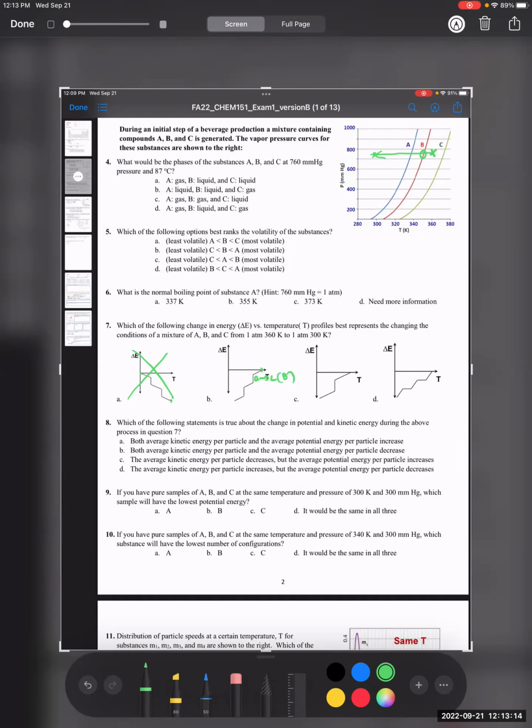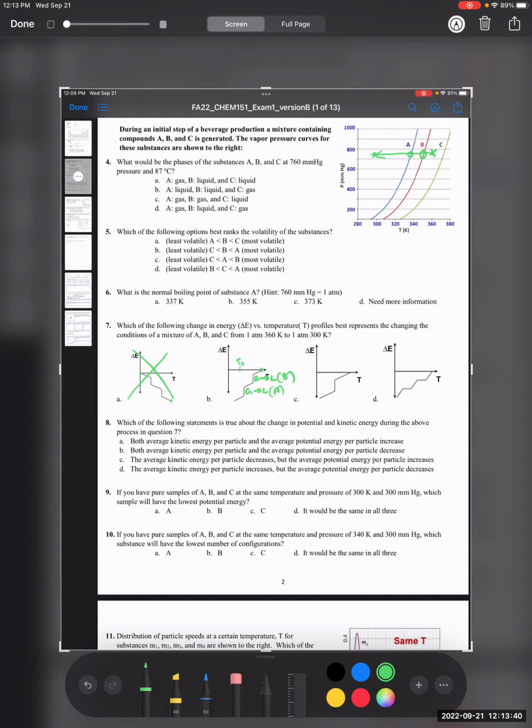And then once all the B gas is converted to liquid, again temperature decreases, and so does the energy, until we reach the phase transition for A. Here we again have a gas to liquid phase transition for A. That's why we have a vertical line. During those phase transitions, the temperature remains constant.